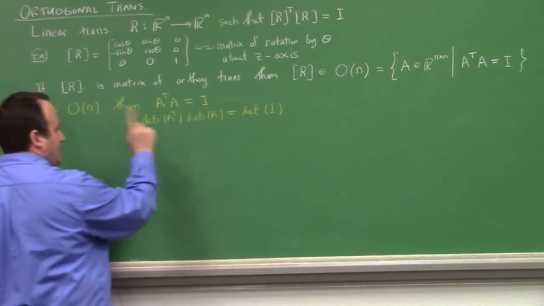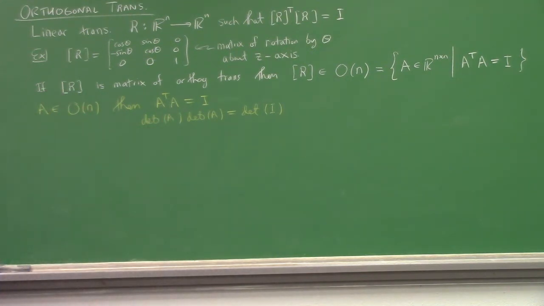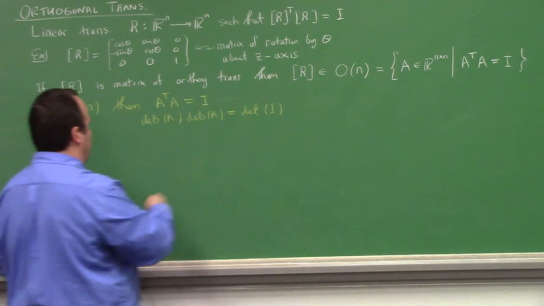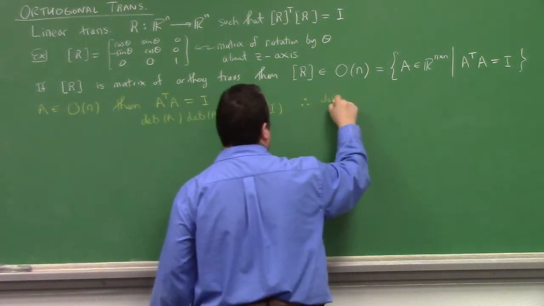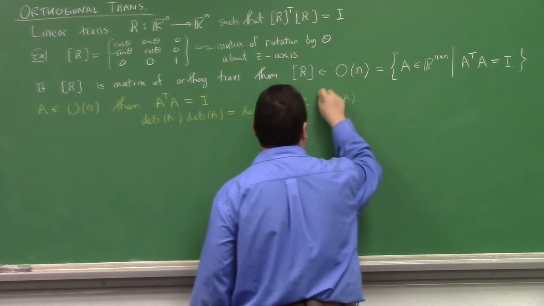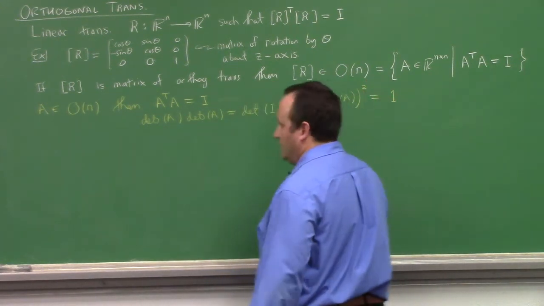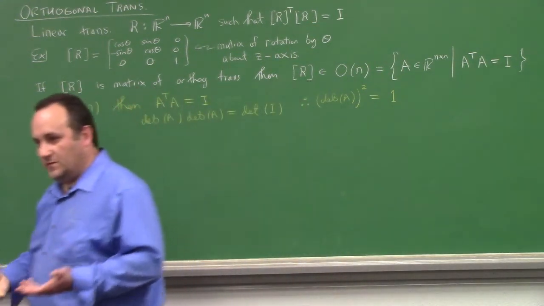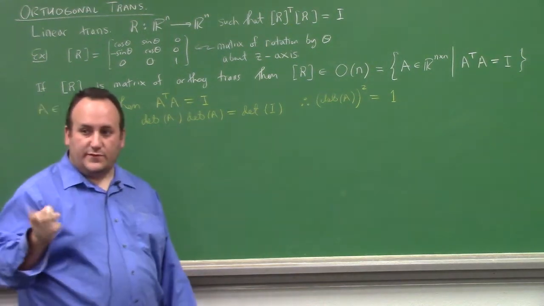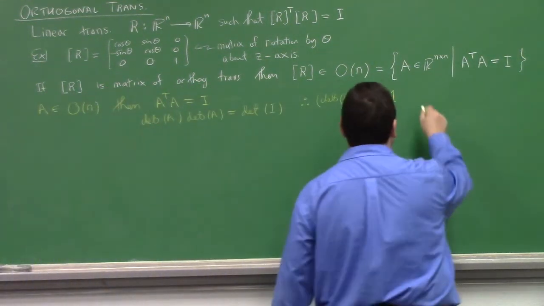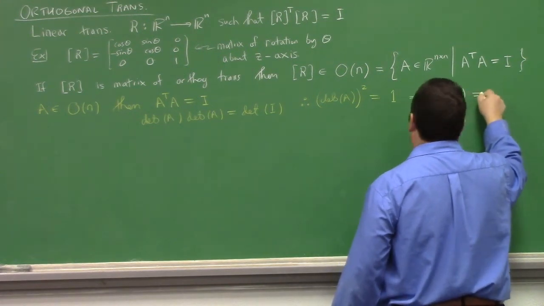In other words, the determinant of an orthogonal matrix squared is equal to 1, because the determinant of the identity matrix is 1. So what does this show you? This shows you that if you have an orthogonal matrix, you only have two choices for your determinant. The determinant of A is plus or minus 1.